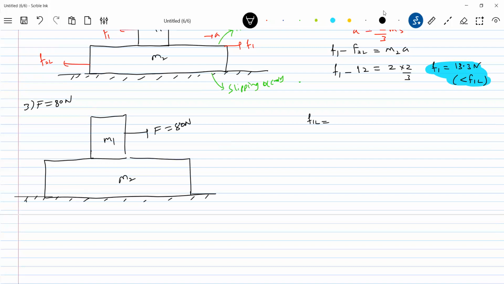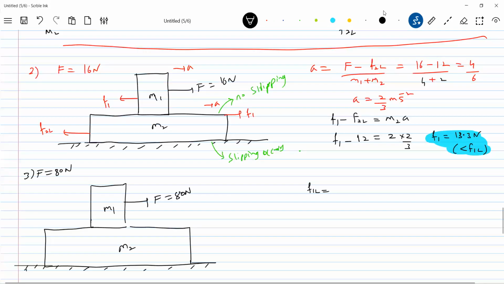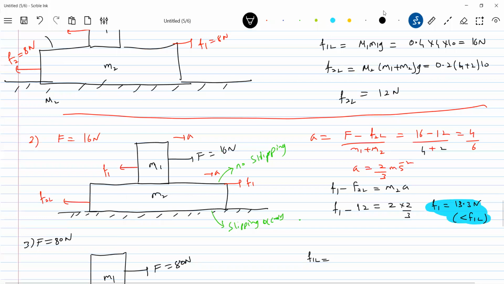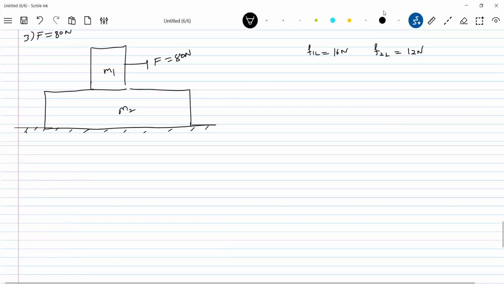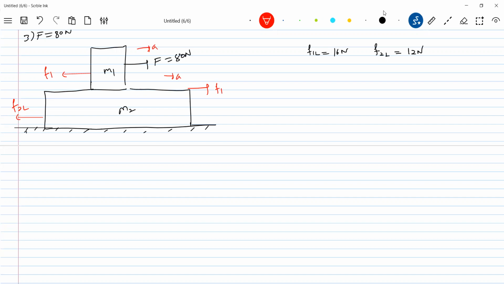The same thing. F1L was equal to 16 Newton, and this was equal to 12 Newton. Then here I'll assume, as usual like the previous problem, that no slipping occurs between the blocks. Nothing wrong. You just carry on the problem.